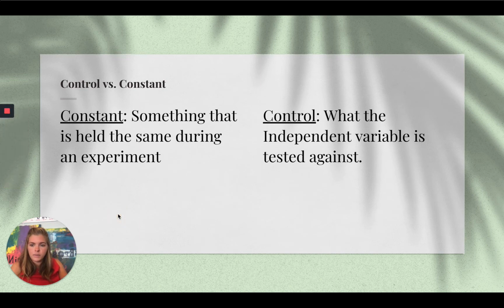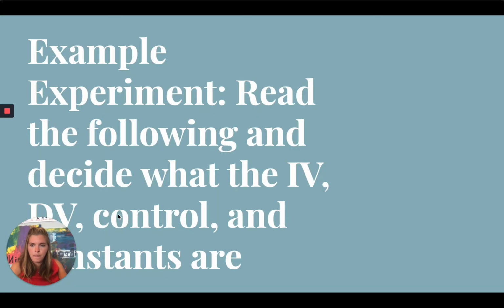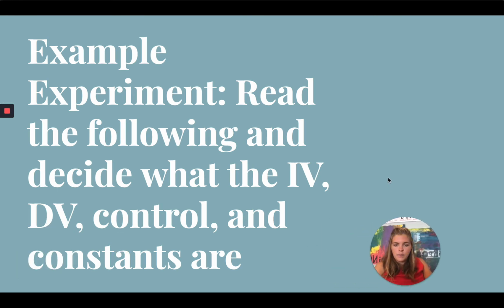So let's go over some example problems here. We're going to read the following and decide what the independent variable, dependent variable, control, and constants are. As I'm reading these, make sure you're following along and identifying those in your own time as well.